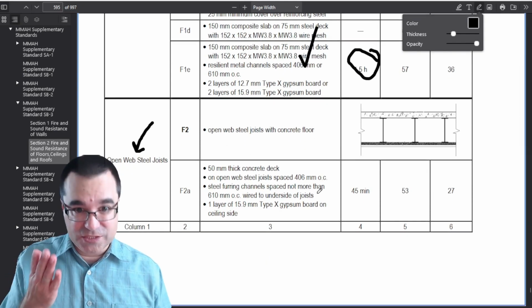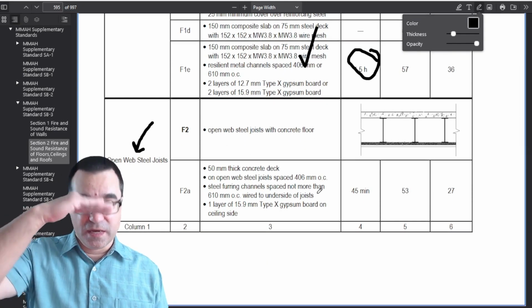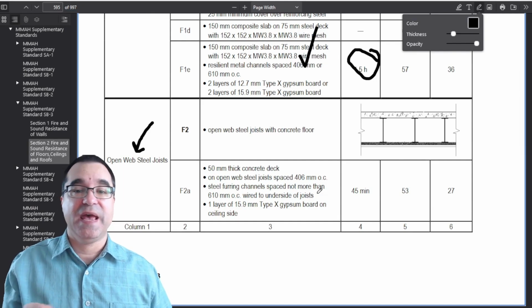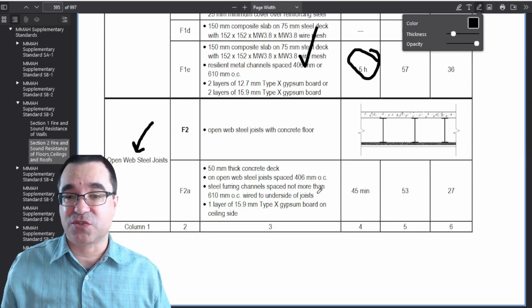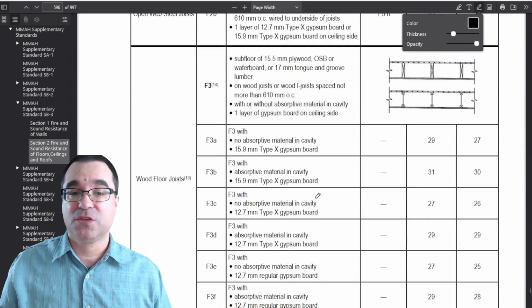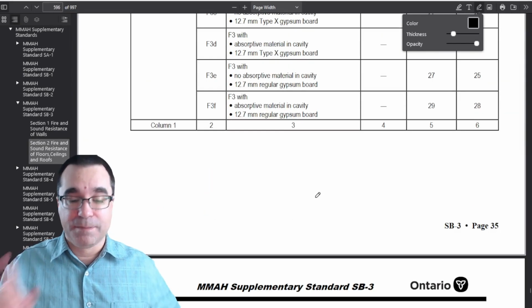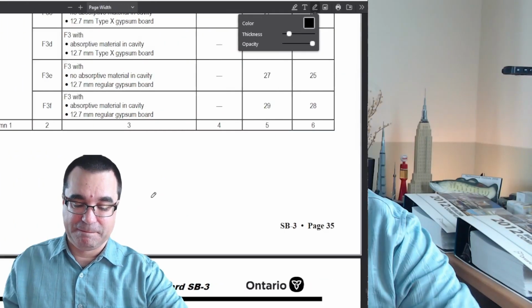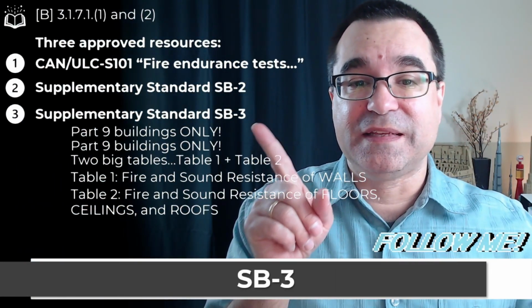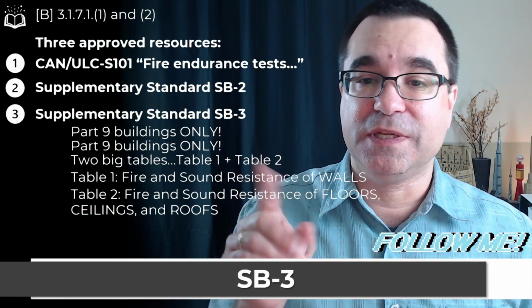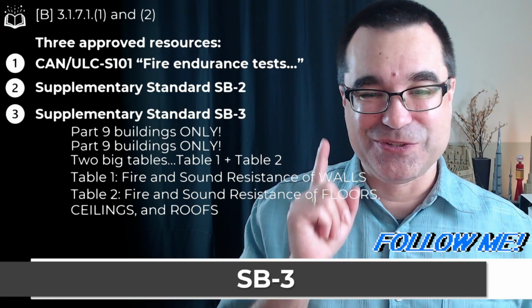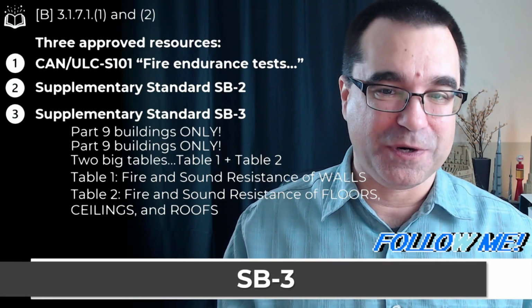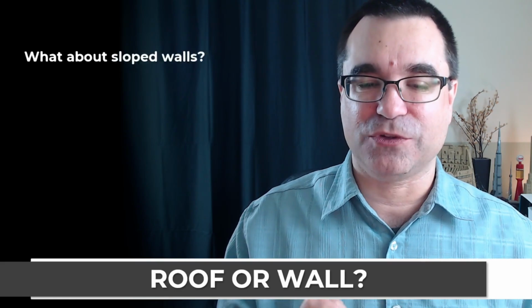It is literally a catalog of different types of assemblies and corresponding fire resistance ratings. So be curious and check this out. But don't forget, it's for Part 9 buildings only. So don't make the mistake of using it for Part 3 buildings, because it's not correct for that.